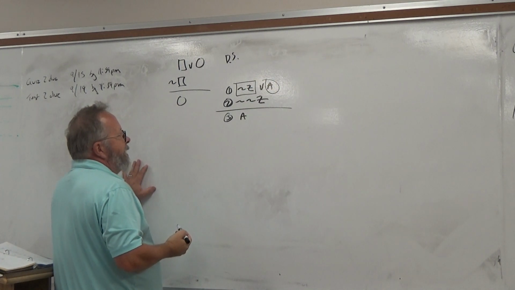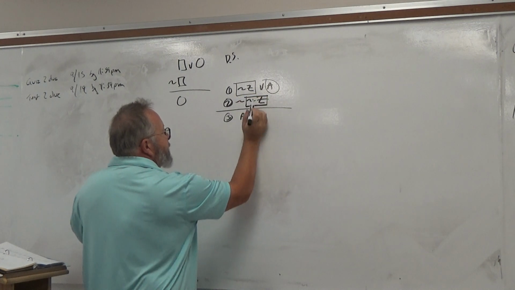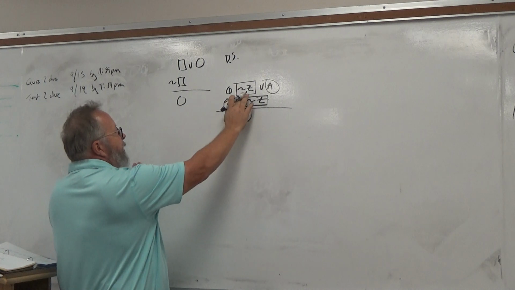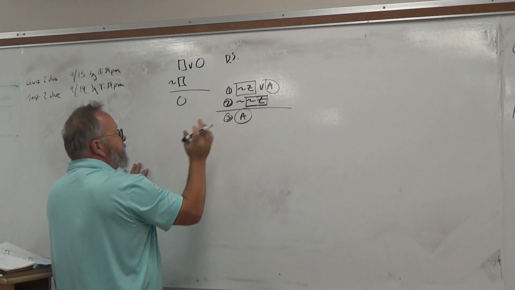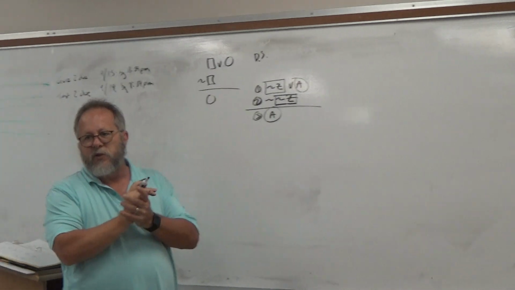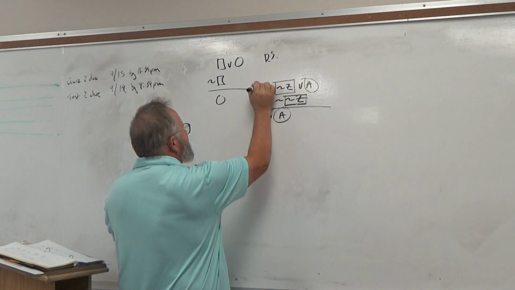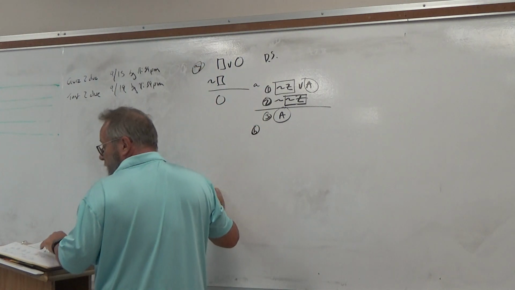So wherever I have not Z is a box, and where I have A, I have a circle. So I am left with box or circle, yeah. Not box, yeah, and circle, yep. This one is a substitution instance. So 3A is a substitution instance. This is 3A. How about 3B?